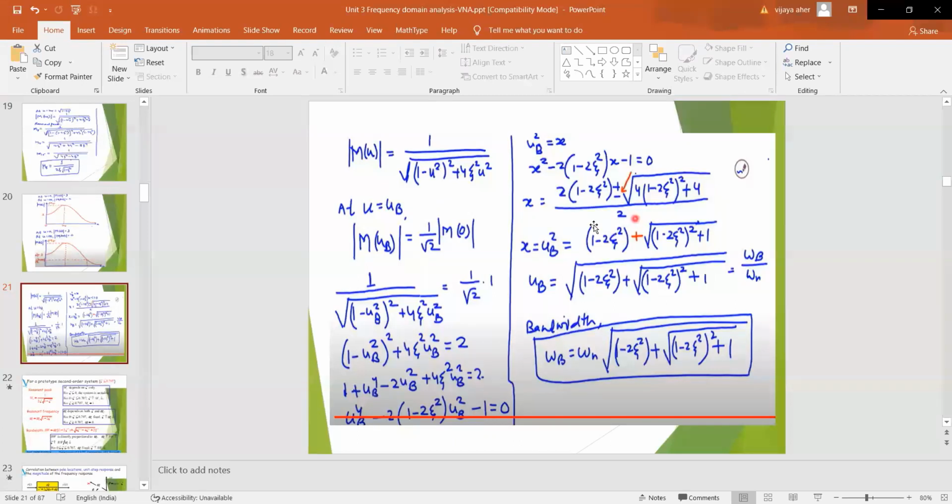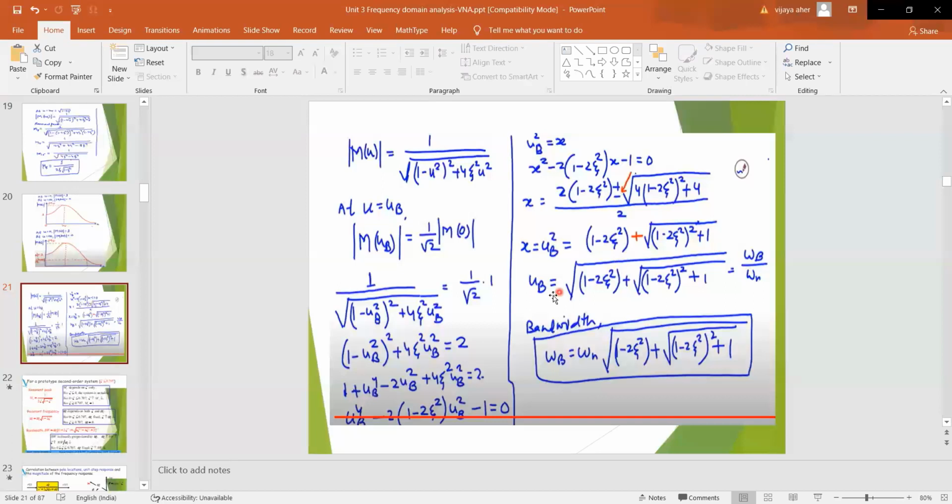So from this equation, you will get roots. But as this ub is nothing but frequency, and frequency is a real quantity, if you consider this minus sign, you will get imaginary term. So ignore that minus sign, concentrate on plus sign. So we are going to take plus only. So x is equal to ub square is equal to 1 minus 2 zeta square plus under root of 1 minus 2 zeta square bracket complete square plus 1.